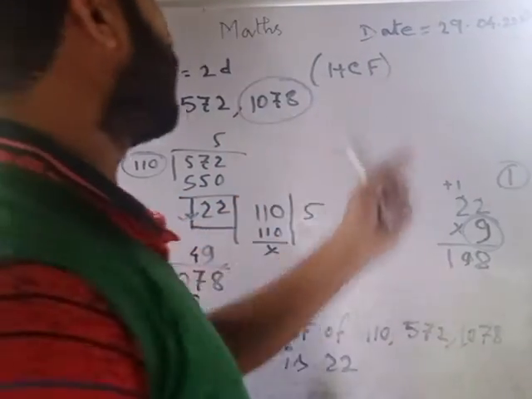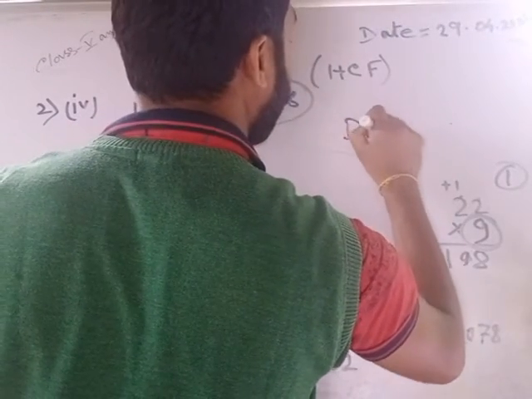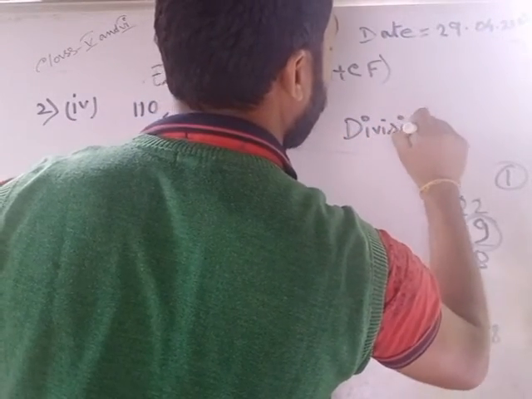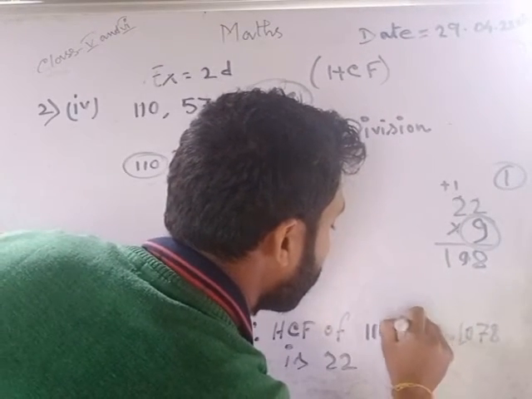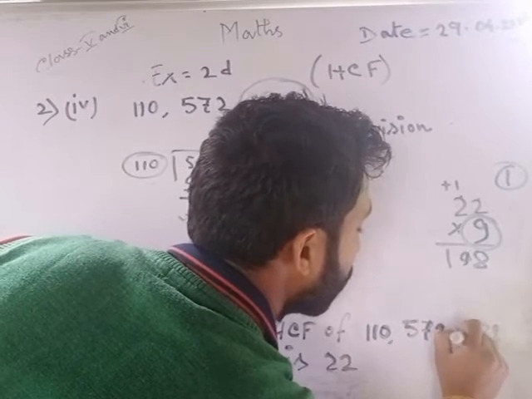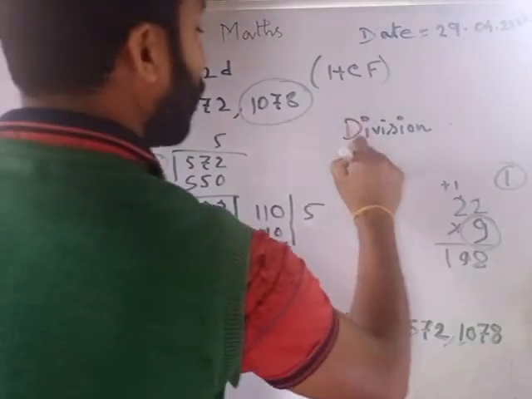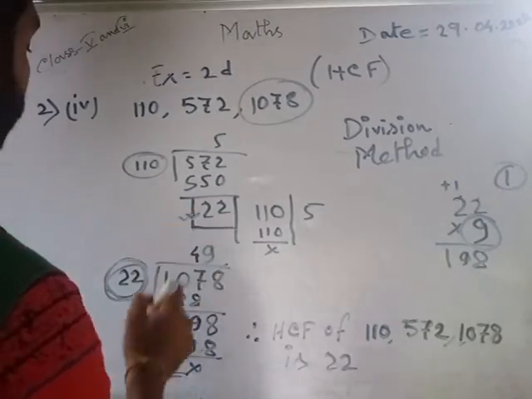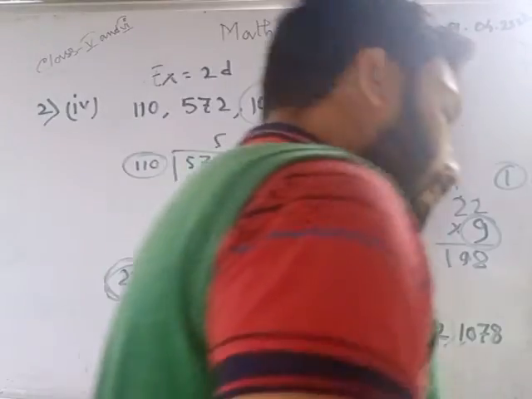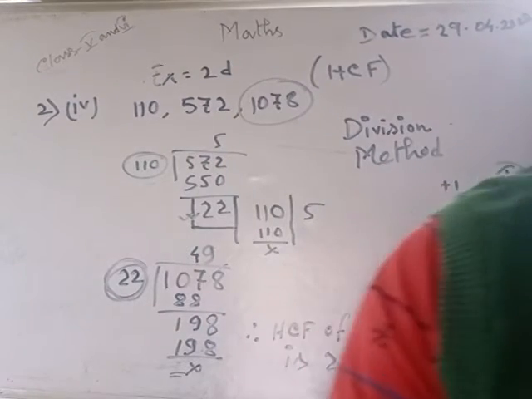We should do the HCF, or highest common factor, like this. This one is called the division method, and I also taught you the factor tree method.